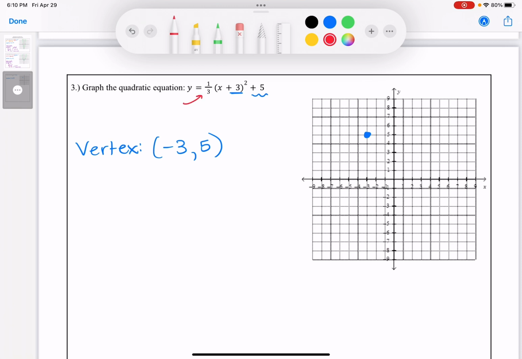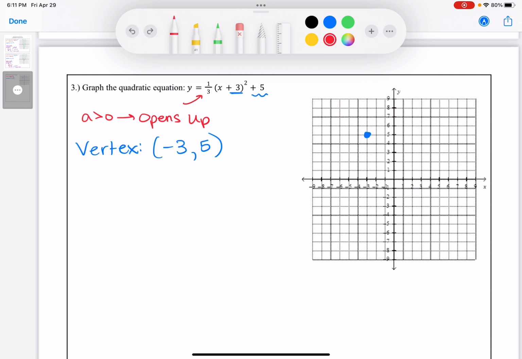A is 1/3. So since A is greater than 0, it is opening up. Oh, hang on. That means if I have a parabola opening up and it's already above the x-axis, I am not going to have any zeros.